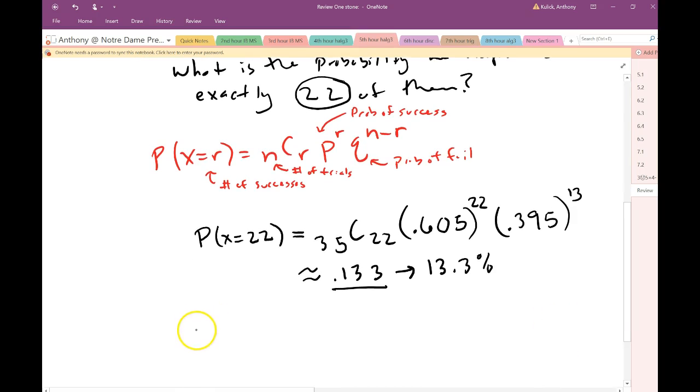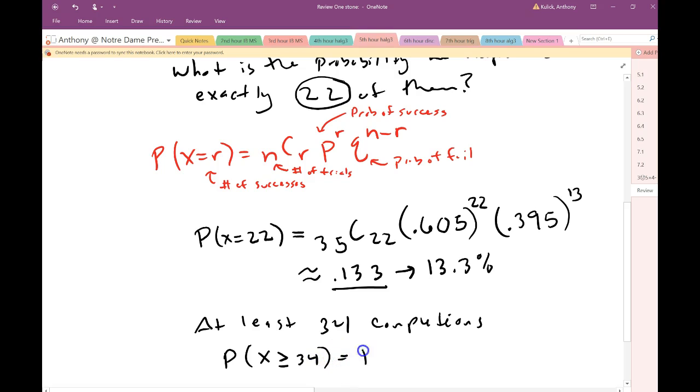Sure. Yeah, let's say at least 34 completions. So what does at least 34 mean? It is greater than or equal to 34, right? So in the case of completions, that means we could get 34 completions or 35 completions.